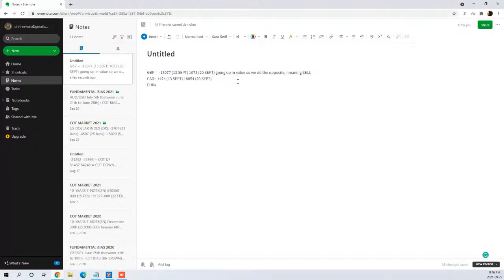It's going up in value, so we do the opposite. I'll put it in bold so you can get the grasp of what we're saying. So we're going up in value, so we do the opposite, meaning sell.